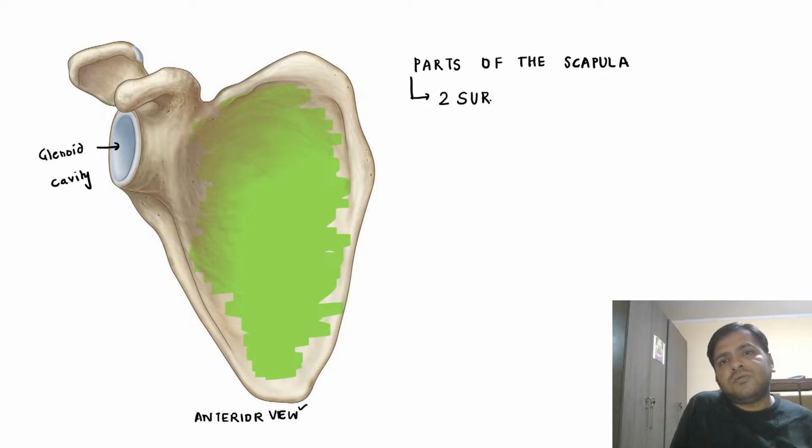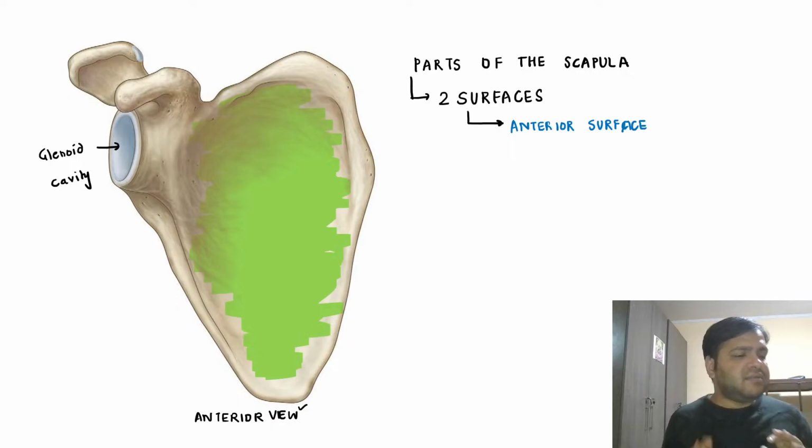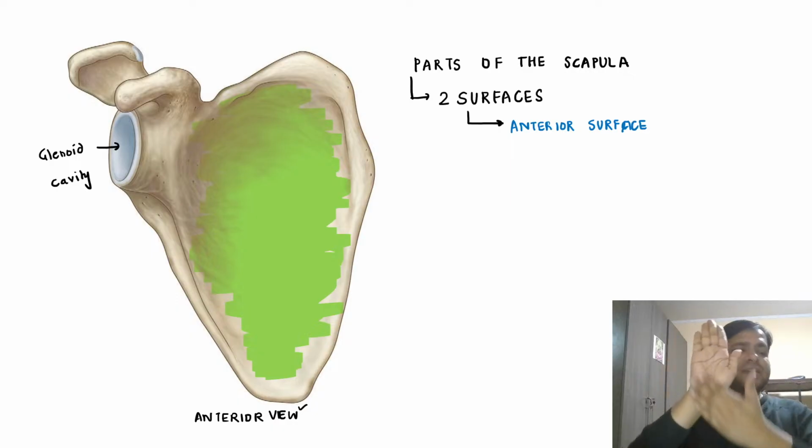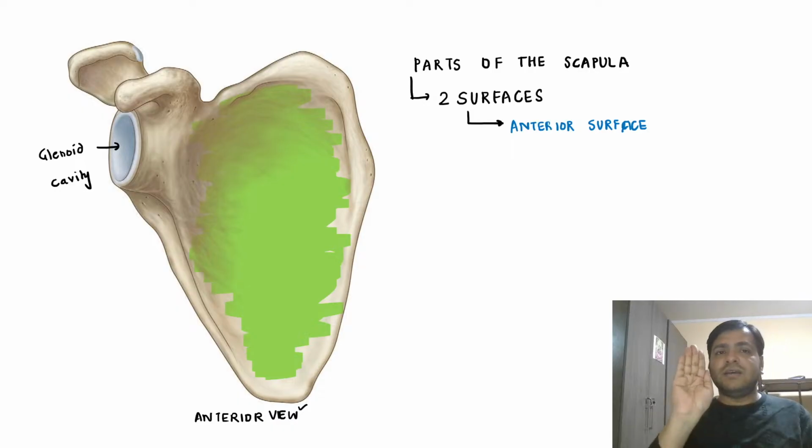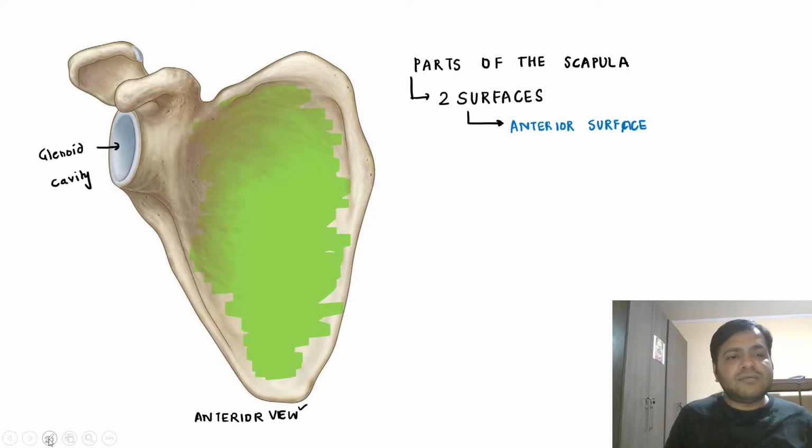Firstly, we have the anterior surface. This anterior surface basically contains a fossa. Remember this is a plane surface; if there is a very, very small depression over here, it will be called a fossa. So the anterior surface is also called as.